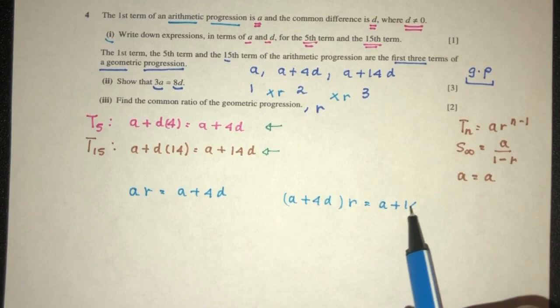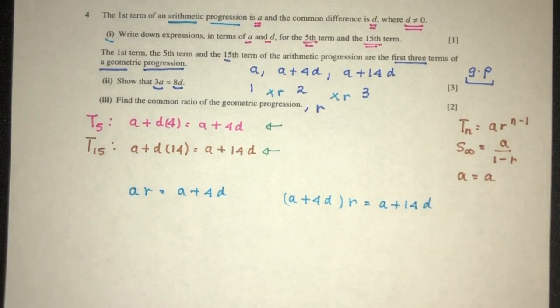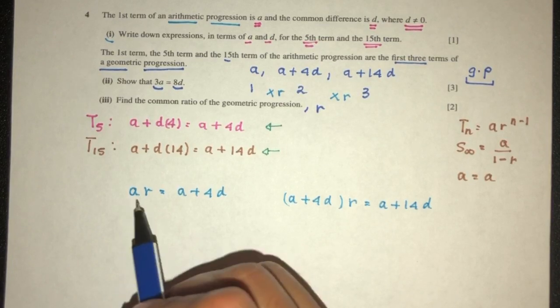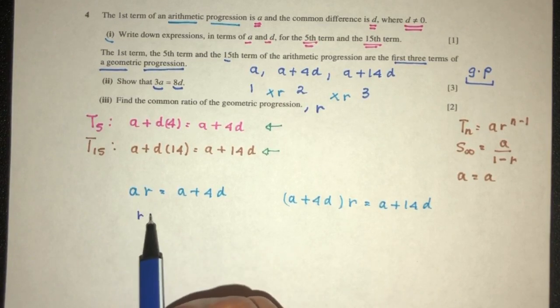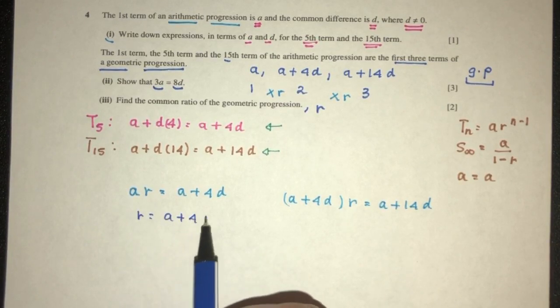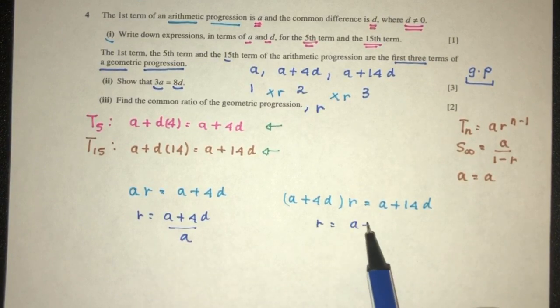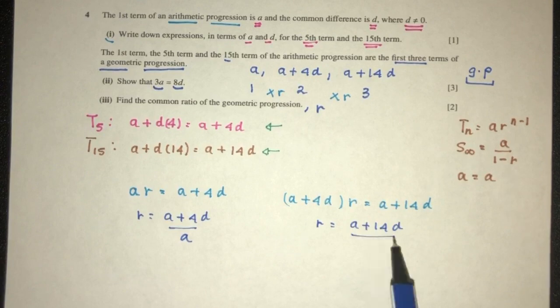So here we can use that information to show that we have 3a equal to ad. First thing first, let's make r the subject. That will be (a plus 4d) divided by a, and r will be (a plus 14d) divided by (a plus 4d).